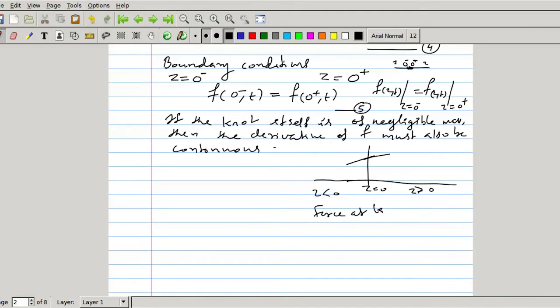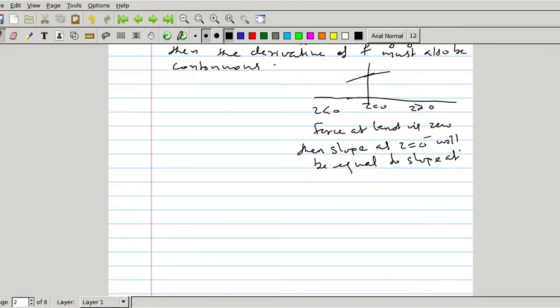If the force at the knot is 0, then the slope at z equal to 0 minus will be equal to the slope at z equal to 0 plus. Then it is continuous.